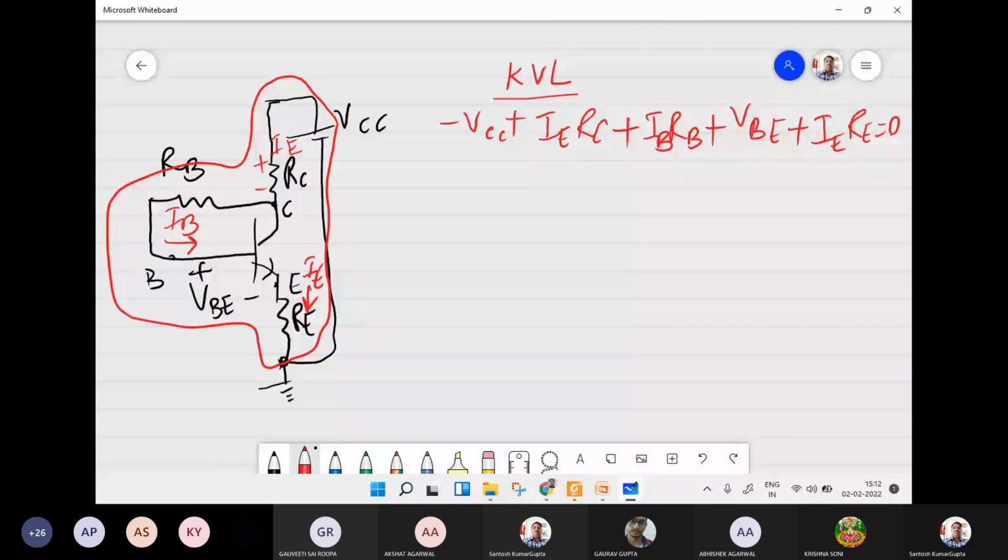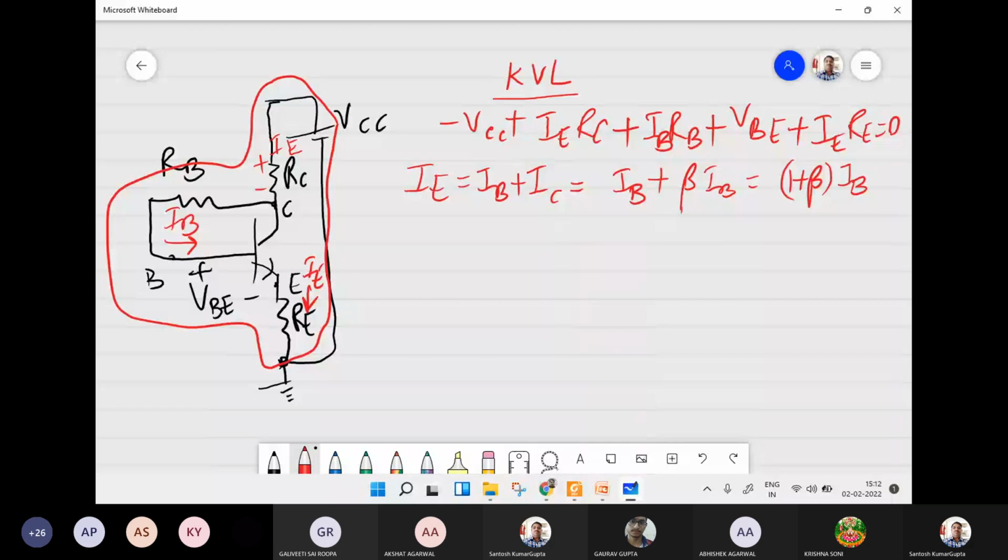Now we can rewrite this equation by exploiting that IE is equal to IB plus IC, and IC is beta times IB, so IE is nothing but 1 plus beta times IB. We can take advantage of this and find the current IB.